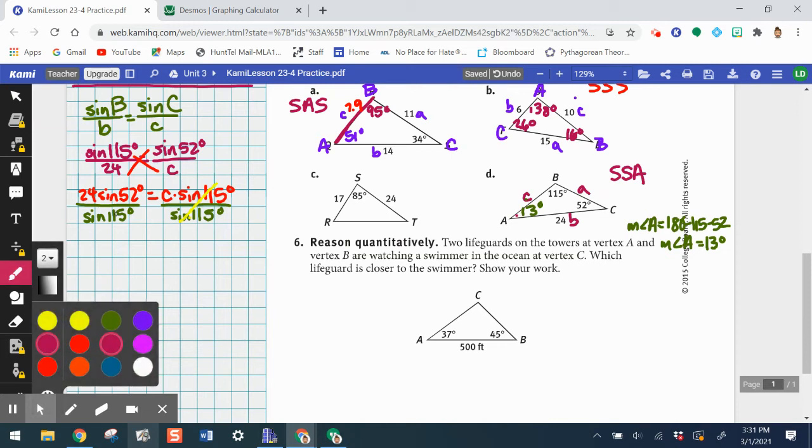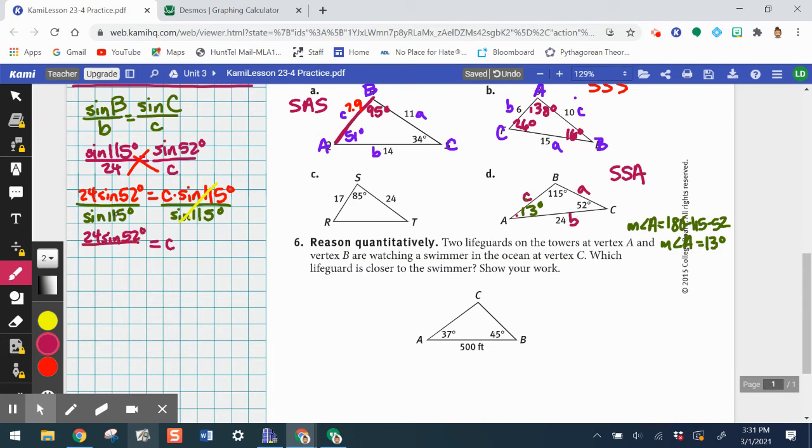And so c is equal to 24 times the sine of 52 degrees over the sine of 115 degrees. So now we're going to use our wonderful magical calculator. Notice I didn't call it handy dandy. Wonderful magical. It doesn't have much of a ring to it, but that calculator to evaluate what this equals.